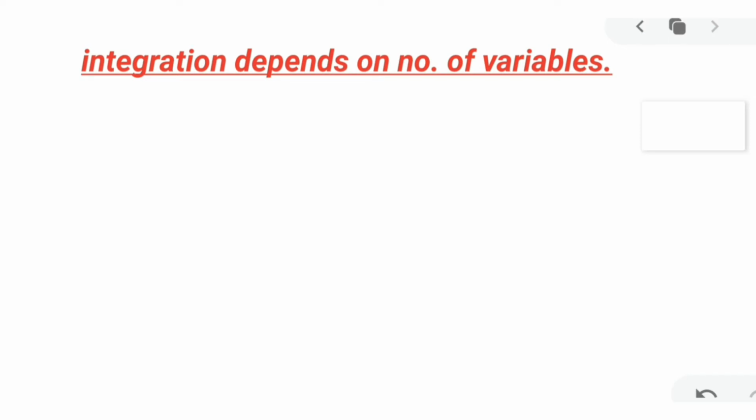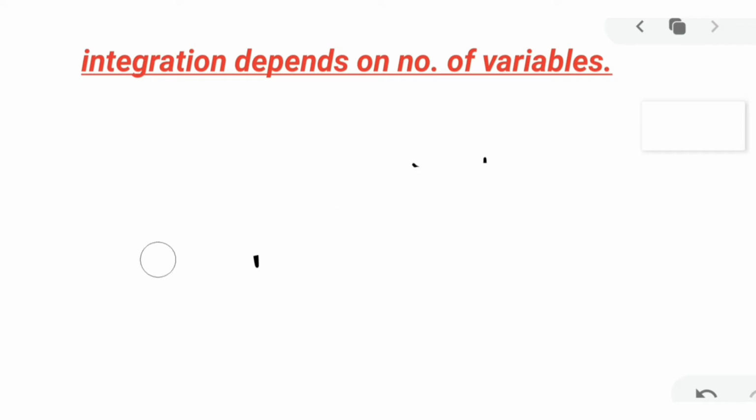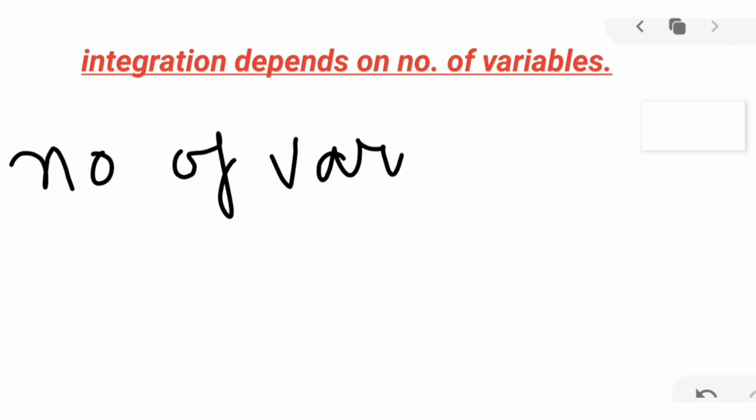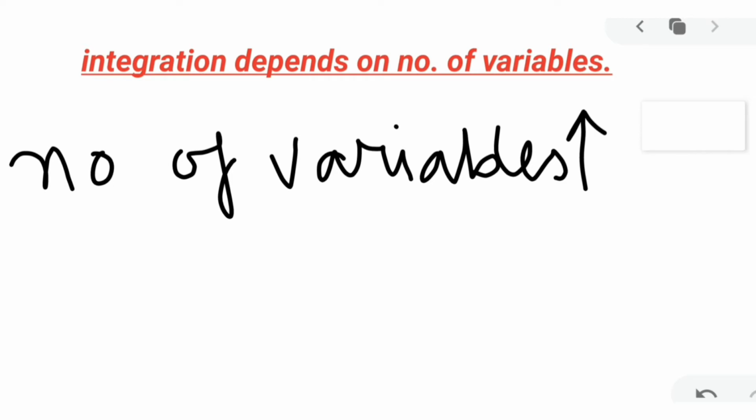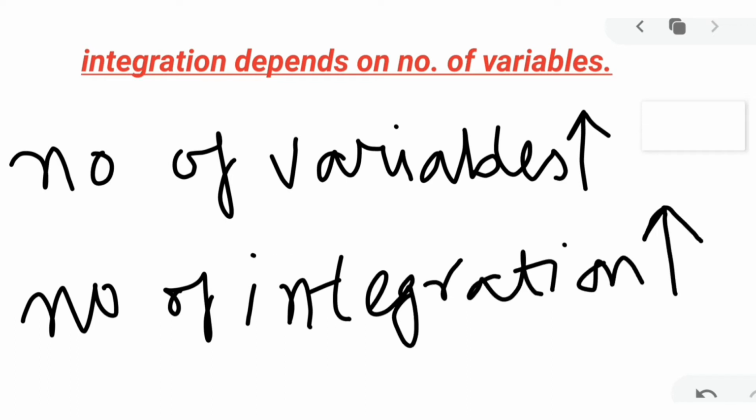As the number of variables increases, the number of times we have to integrate will also increase.